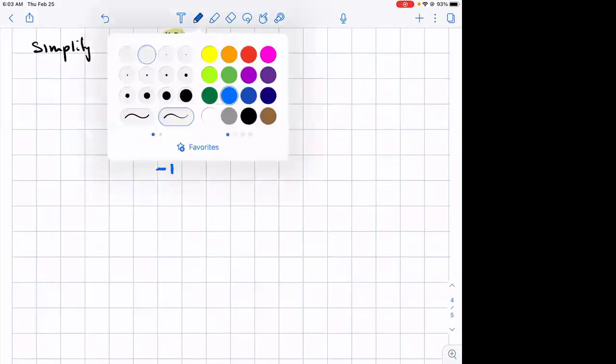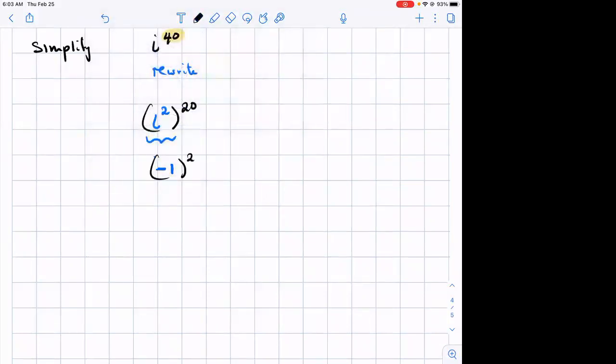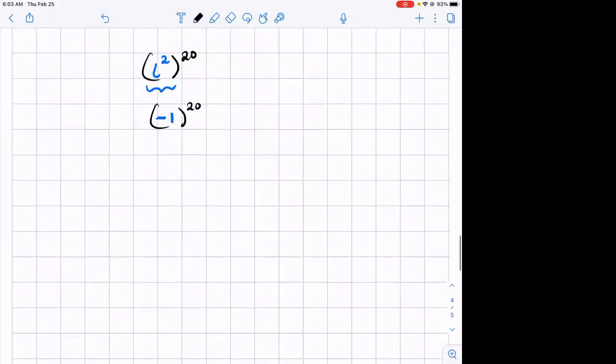So negative 1 raised to the 20th power. And any negative raised to an even power becomes positive. So this here is equal to 1.